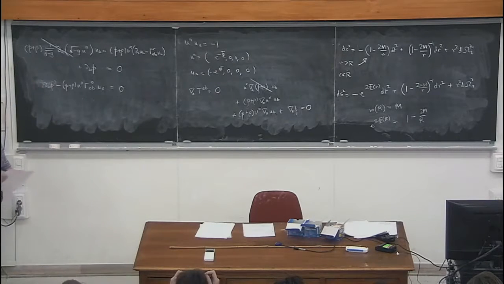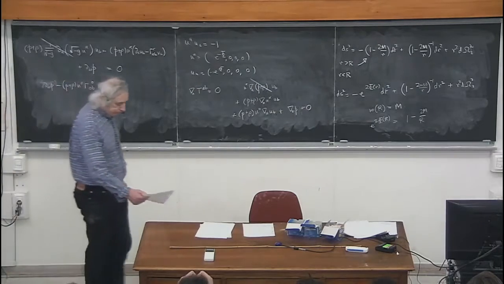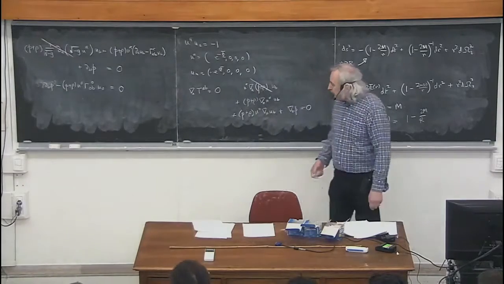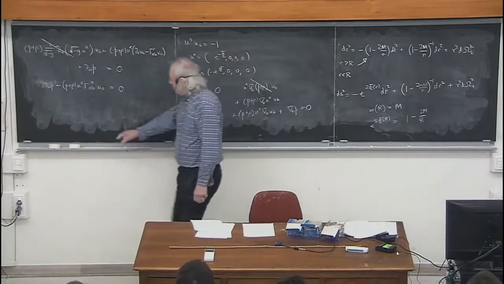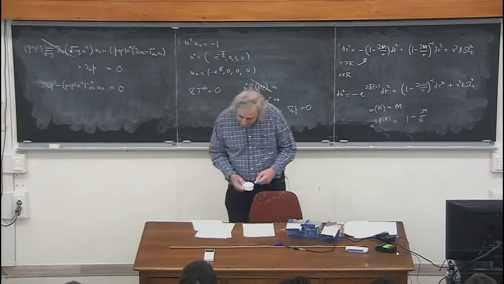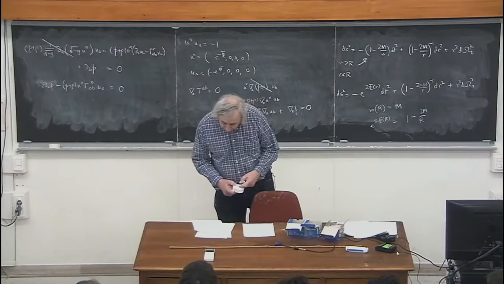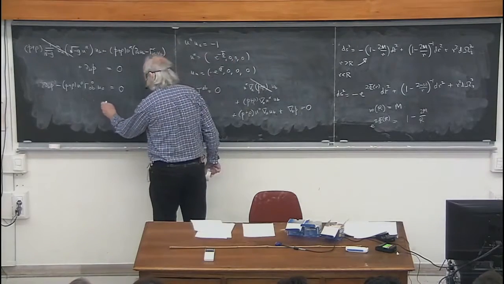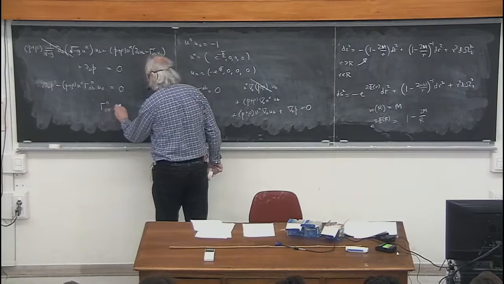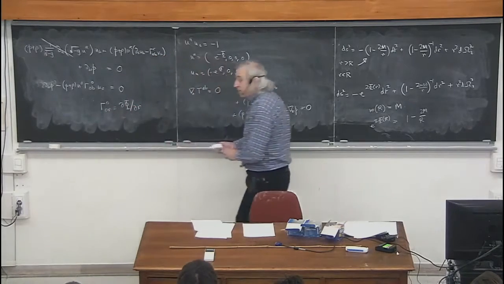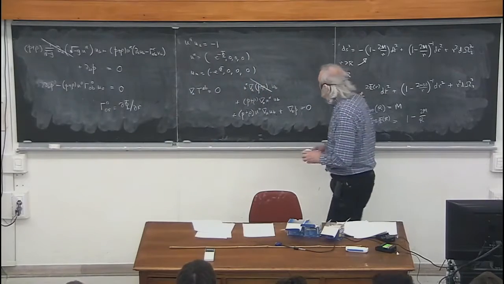The only interesting component here is the R component. You can see this by just working out what the Christoffel symbols are. Gamma 0, 0, R is just d phi dr. So we have a nice looking equation for the pressure.